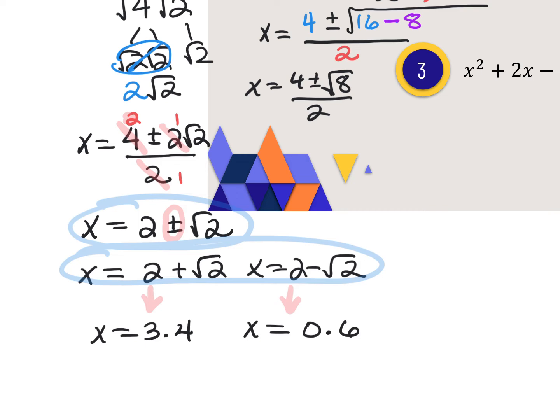Circled in blue will be the answer I'm looking for on the quiz. The same thing will happen on the test. Once we start applying this to our circles, then the answers here that I'm going to circle in red are what Big Ideas is looking for. They're looking for the answer rounded to the tenths place.